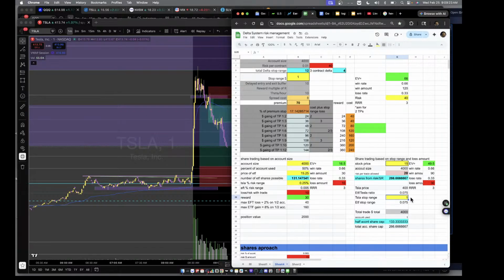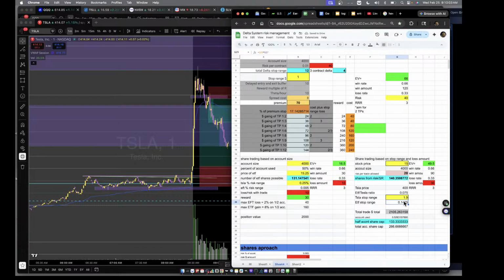So let's look for another scenario. 1.3. So, okay, what should I use? Okay, this is telling me I should use this, but I can only use this. Okay, when does it match? It matches at maybe 0.8. No. Oh, it has to be higher. 1.9.